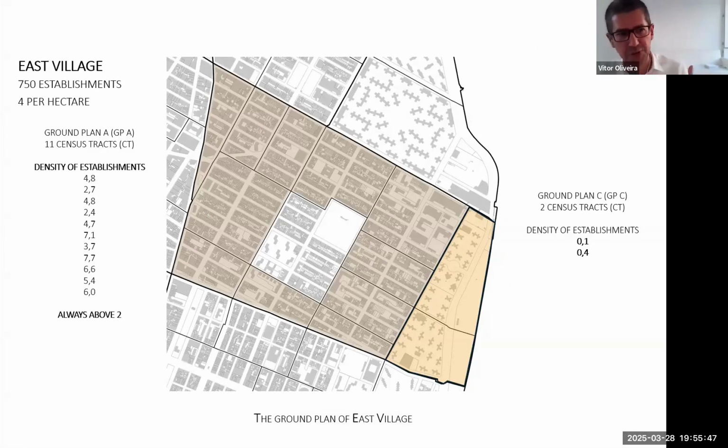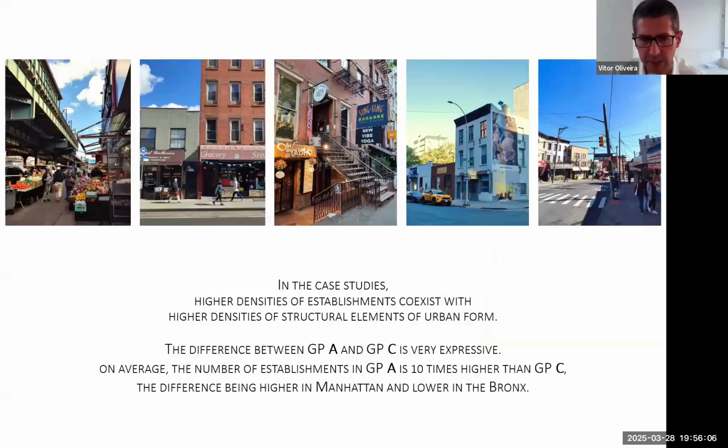It's always above 2 per hectare, and as you can see, in some census tracts, it's above 7, while in ground plan C, the density of establishments is really, really low. In one case, it's 0.1, and in the other, it's 0.4.